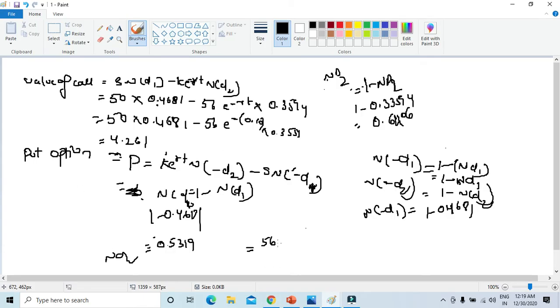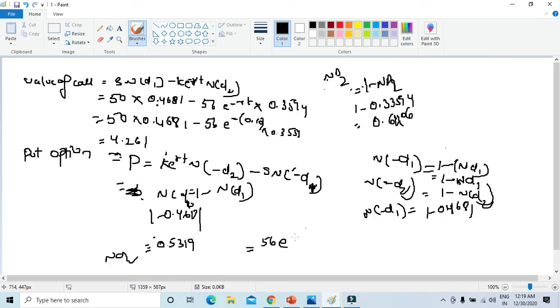Okay, 56 e to the power of minus rT, how much is it? Where is r?